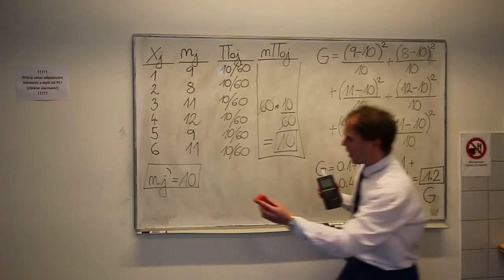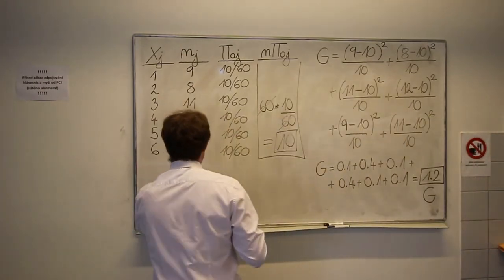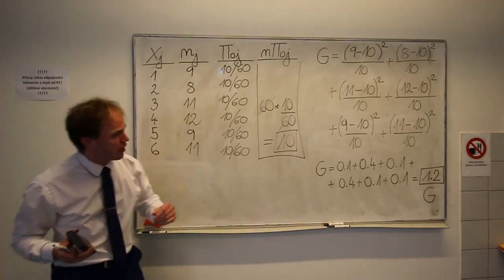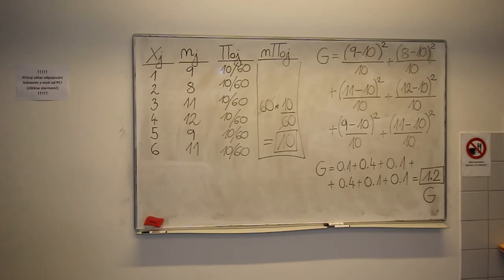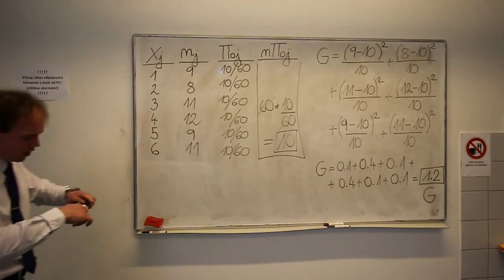So I will delete this and return to our formulas because I must rewrite the rejection region.